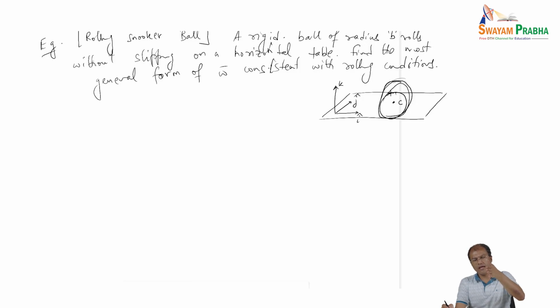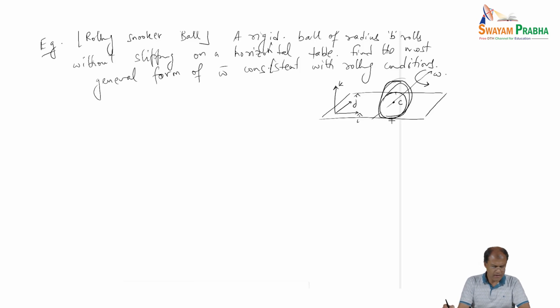If that is the case in general, then we don't expect the ball to be rotating about a perfectly perpendicular axis, perpendicular to the plane. So in general, the axis of the ball will be oblique, and we will have some sort of an angular velocity for this oblique axis, omega. Let us say this angular velocity is omega.